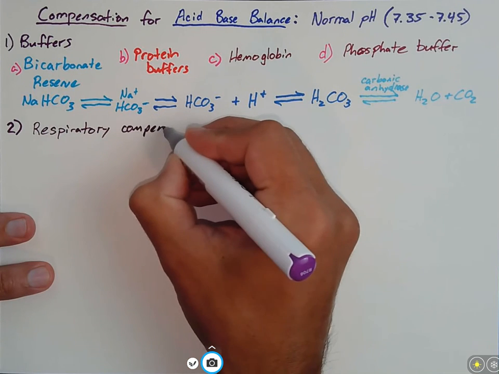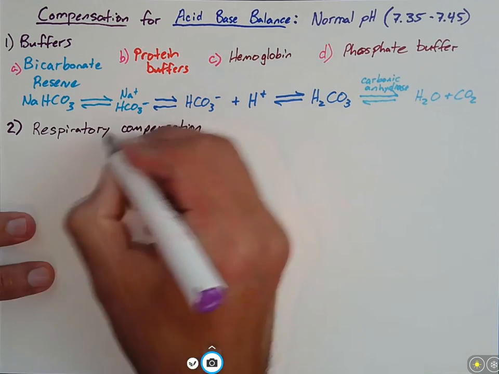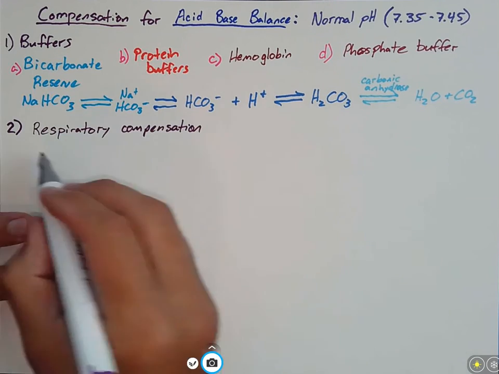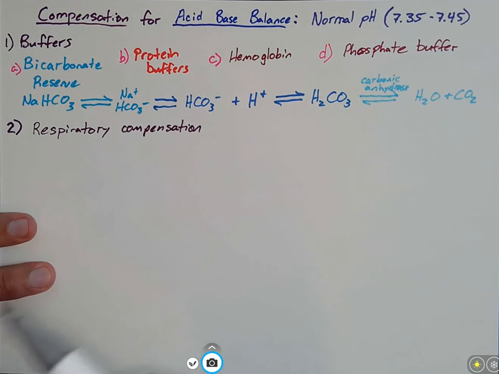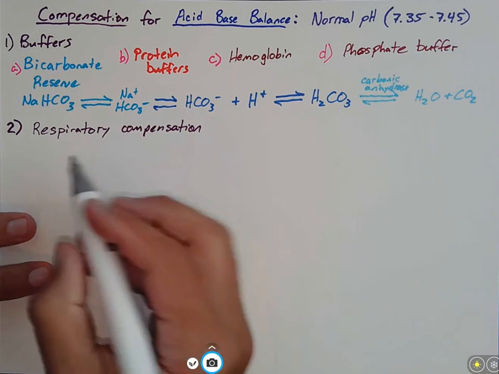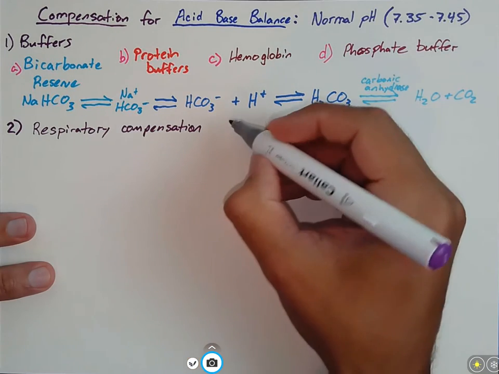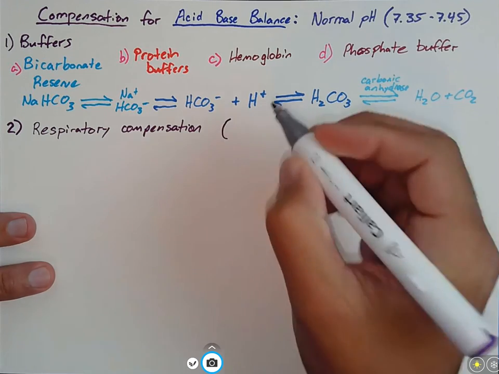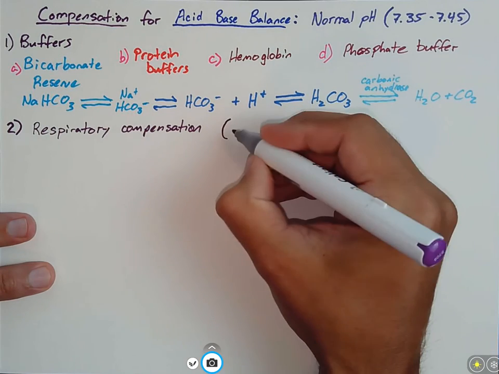Okay, respiratory compensation. When we alter respiration, we could either increase or decrease our respiratory rate. We could either increase or decrease the depth of breath. Right? What do we know about the respiratory system? As just a brief review, it's all about pulmonary or alveolar ventilation, right?